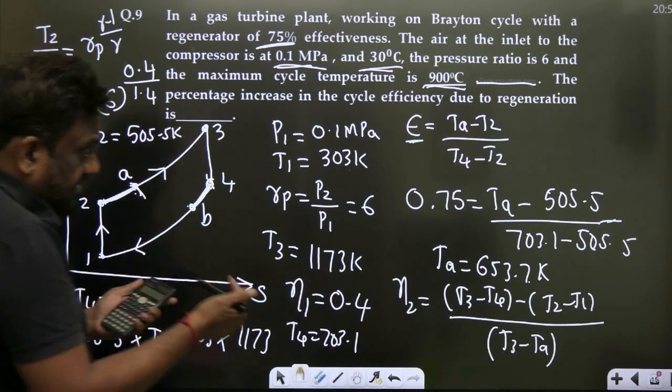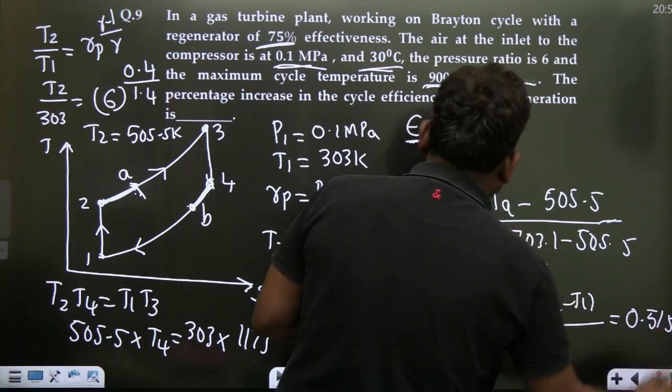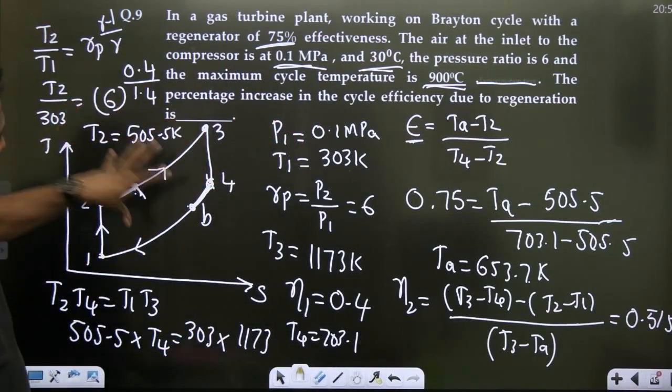And we are getting this efficiency as 0.515.